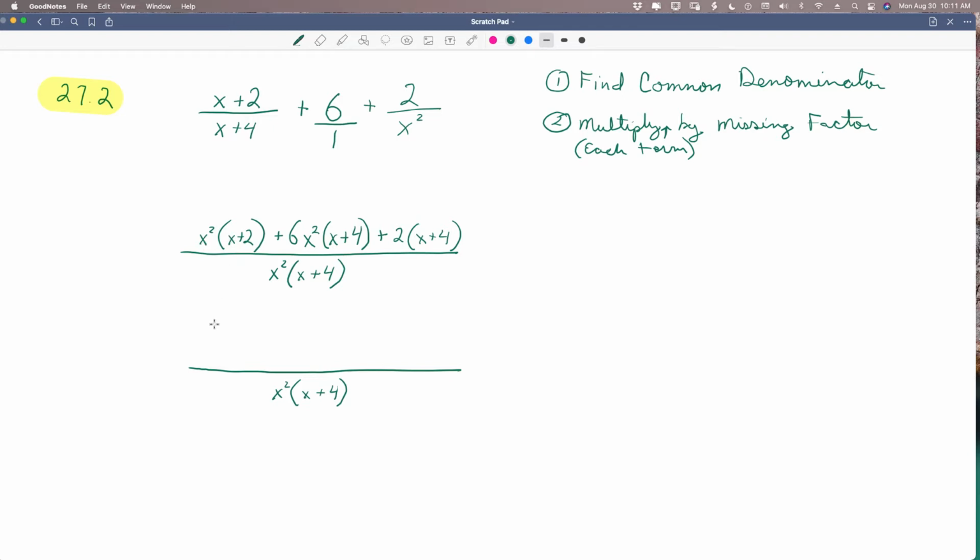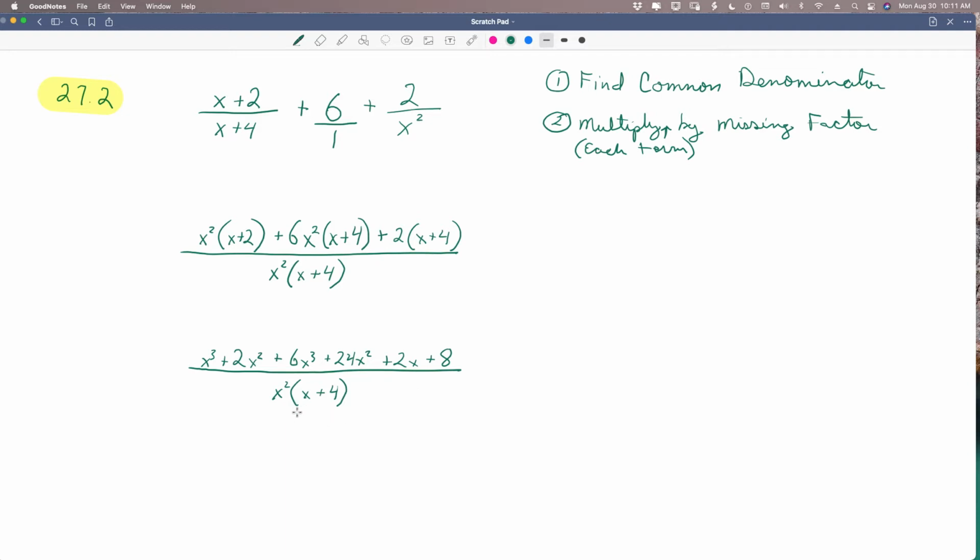So x squared times x is x cubed. This is going to be 2x squared plus this is going to be 6x cubed, and then this is going to be 24x squared. This is going to be 2x, and this is going to be 8.